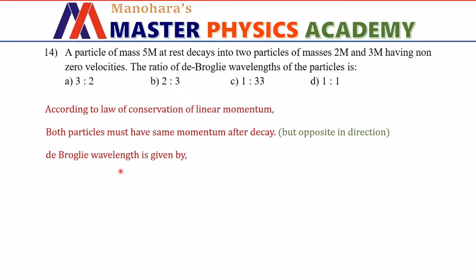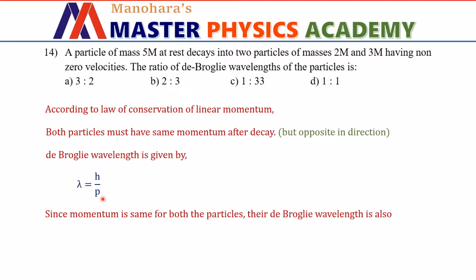The de Broglie wavelength for particles is given by h divided by p, where p stands for linear momentum and h stands for Planck's constant. Since the linear momentum of both particles is the same, their de Broglie wavelength is also going to be the same. Therefore, the ratio of de Broglie wavelengths will be 1:1. Option D is the right choice.